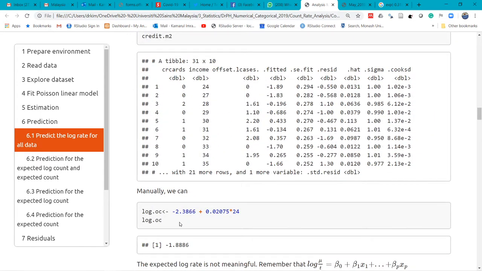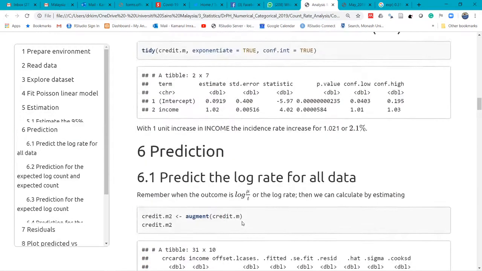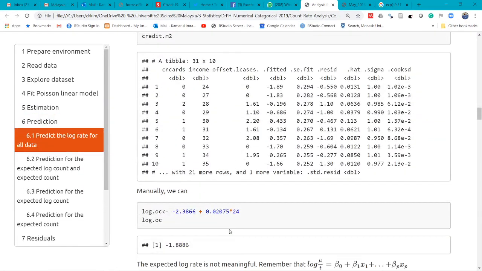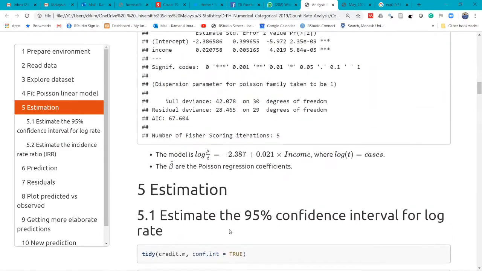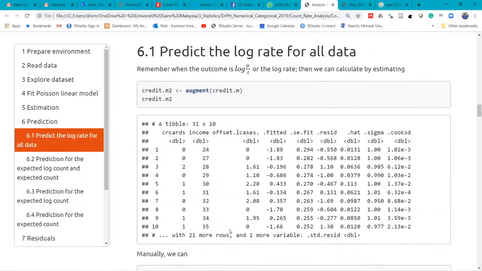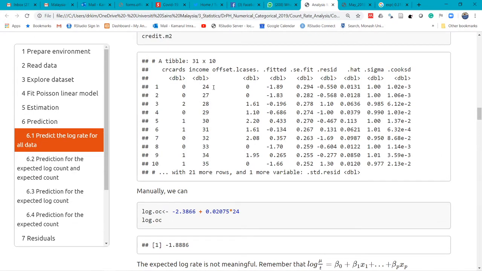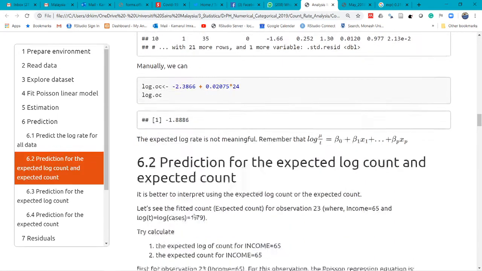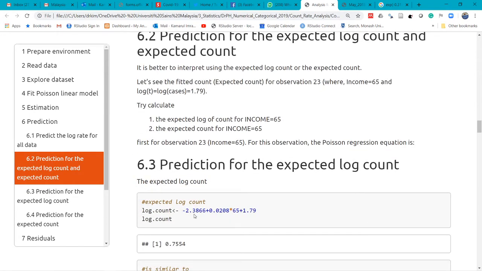For example, for number one, your equation is minus 2.387 plus 0.021, which comes from this, and for observation number one, the income equals 24. You replace with 24, so this is the log rate.